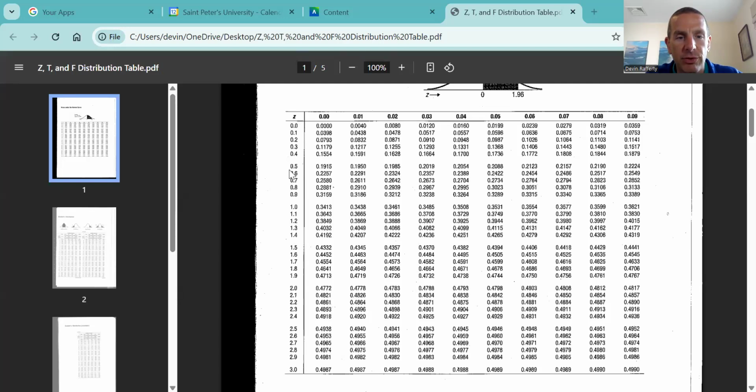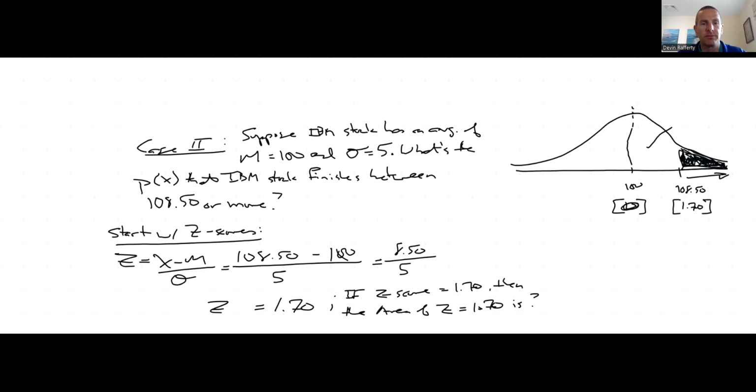I just go down my rows, 1.5, 1.6, 1.7, and 0. The area for z equals 1.70 is 0.4554. That means that this area is 0.4554.